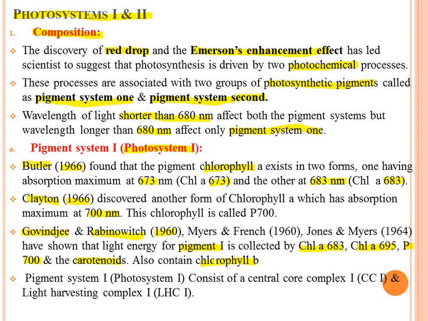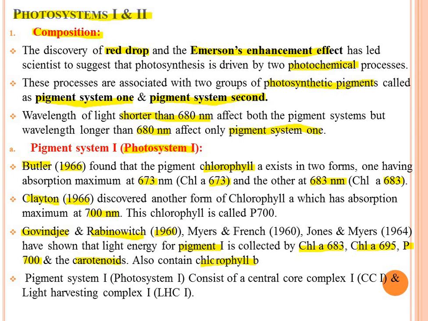Therefore chlorophyll A is present, according to different scientists, in various forms, and this chlorophyll A acts as the main reaction center, while carotenoids and other pigments like chlorophyll B, xanthophyll, in xanthophyll zeaxanthin, violaxanthin, anthraxanthin, all these pigments are accessory pigments, also known as antenna molecules.